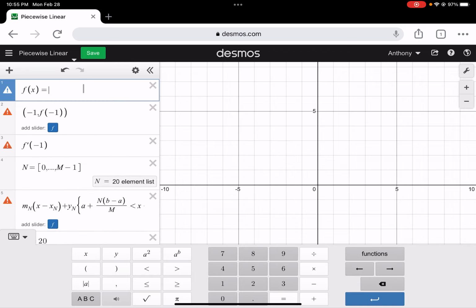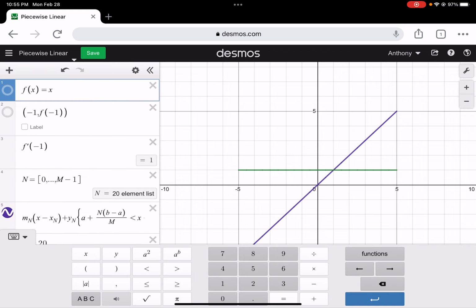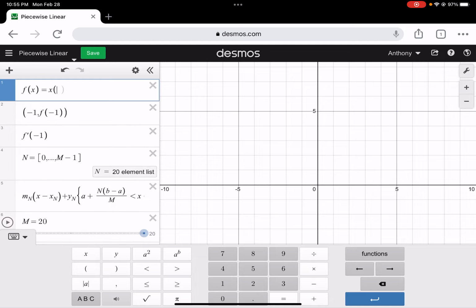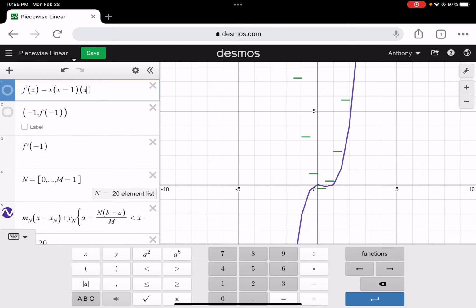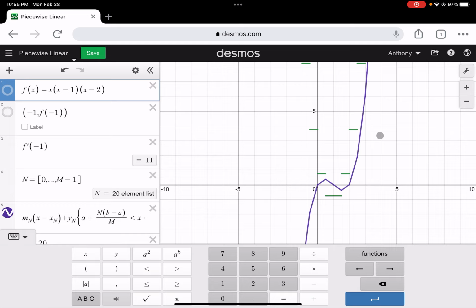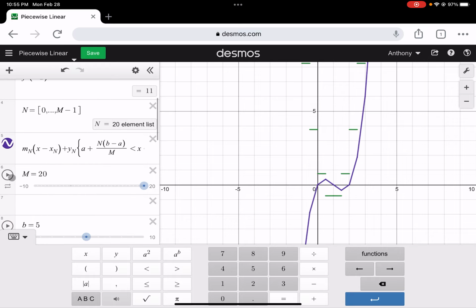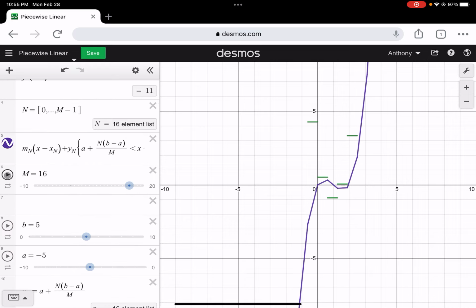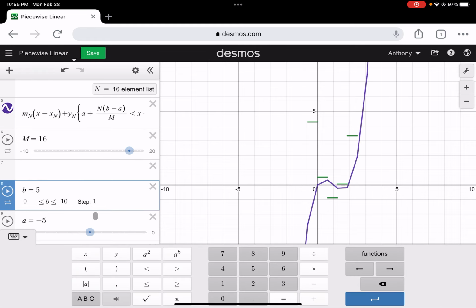If we play with some polynomials, maybe I could do x times x minus 1 times x minus 2. Well, at certain levels, it's really hard to tell what the result is going to be. So if I just hit play and sample more and more, let me get this back to being closer.